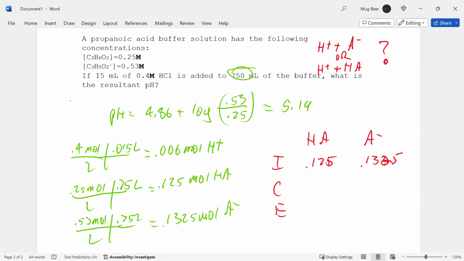Your options are the H plus reacts with the A negative or the H plus reacts with the HA.